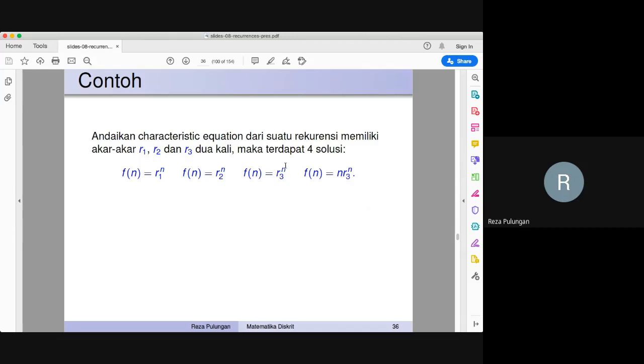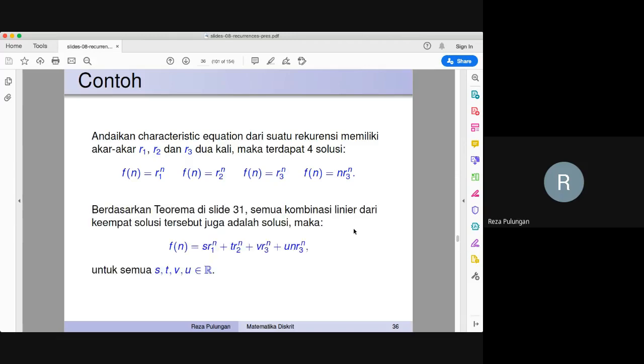What about the fourth one? The fourth one is not r3 to the power of n, because if it is just r3 to the power of n, it will just disappear. So you have to multiply it by n. The fourth one will be n multiplied by r3 to the power of n. Okay? So be careful about that. If these are solutions, then their linear combination will be a solution.